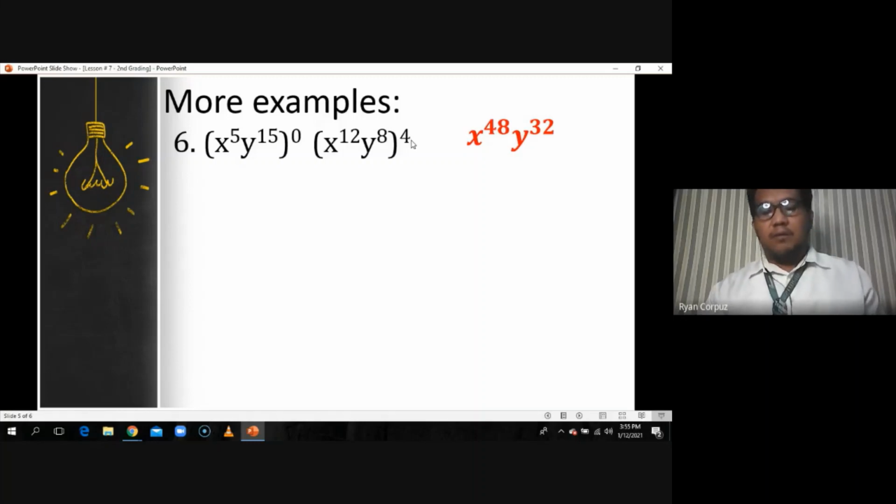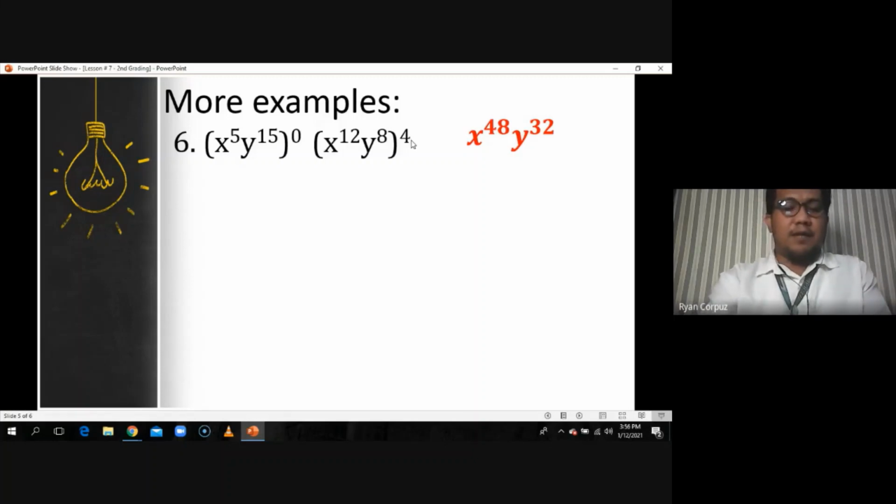In that way, we will remember better. The more practice we do, the more we remember the different laws of exponent as well as simplifying expressions involving zero exponents.